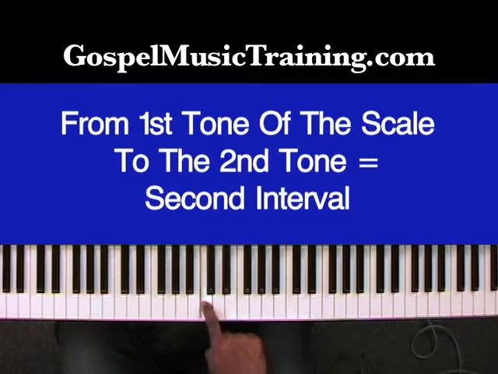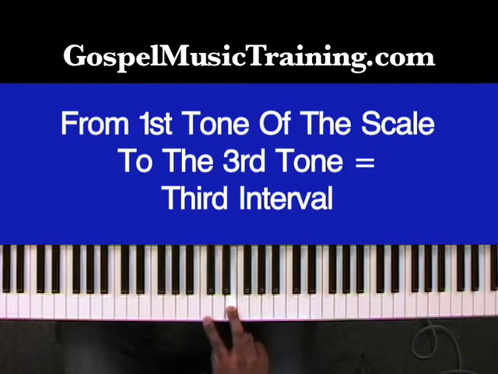From the first tone of the scale to the second tone of the scale, that's called a second, okay? So when I ask what's the distance between the first tone and the second tone, you should say second. The distance between the first tone and the third tone of the scale is called a third.